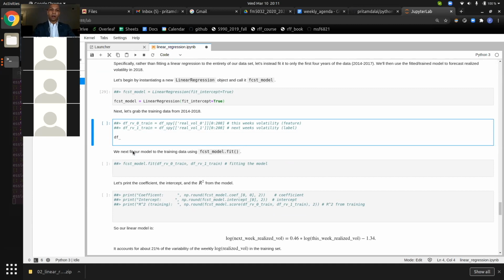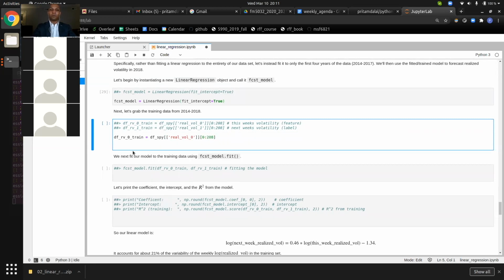Let's grab our training data. We'll call it df rv0 train equals df spy realvol0. I didn't want to bother with any kind of filtering, so I just eyeballed where the values were for the first 4 years of data. rv1 train.